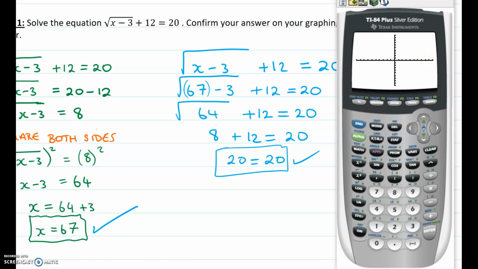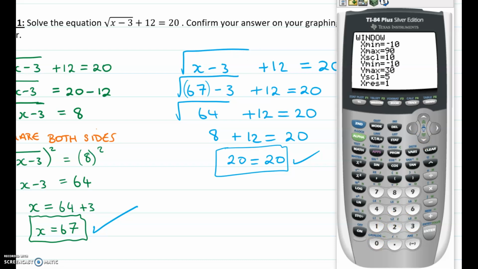The y's, we know they go up at least as far as 20, so we're going to have to set our window. So the x's, let's say negative 10 is fine, and let's say we go to 90, and we can do it in steps of 10, let's say. Y minimum, let's say negative 10, and we'll go up to 30, and we'll do that in steps of 5.